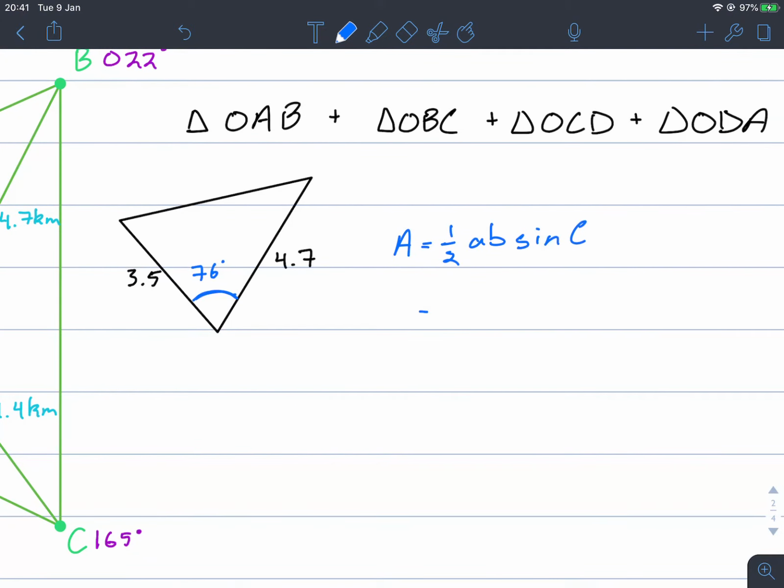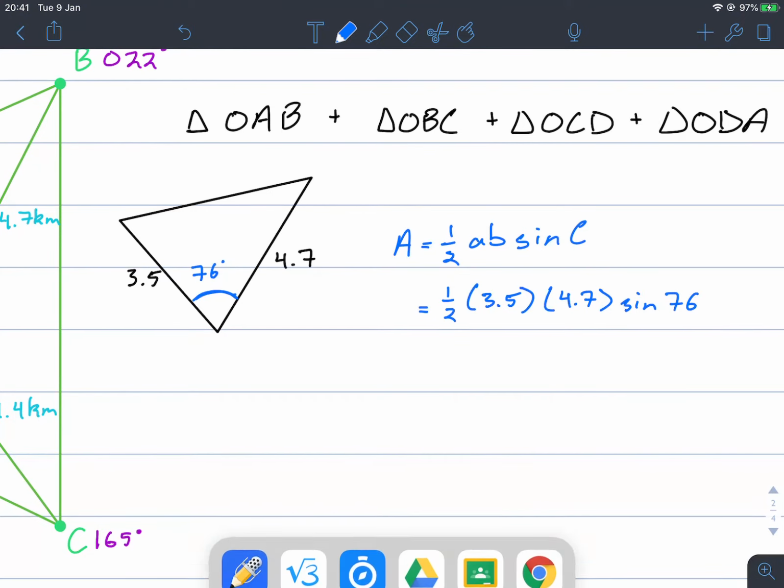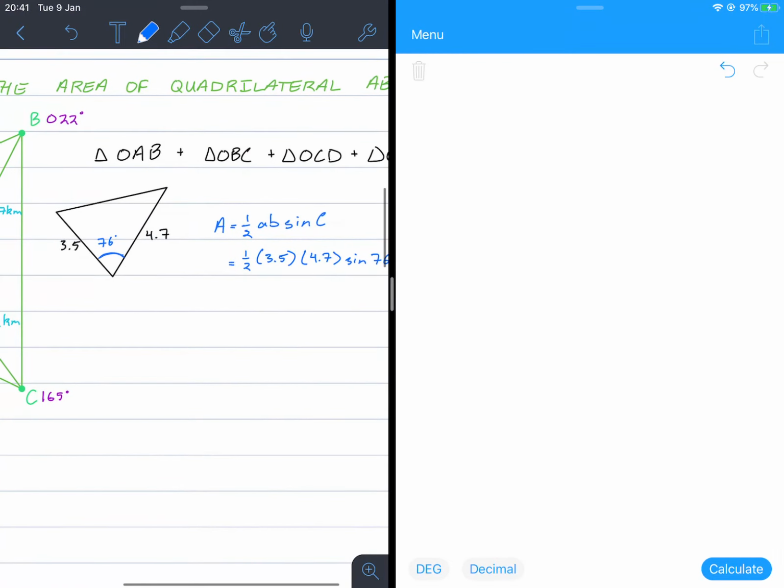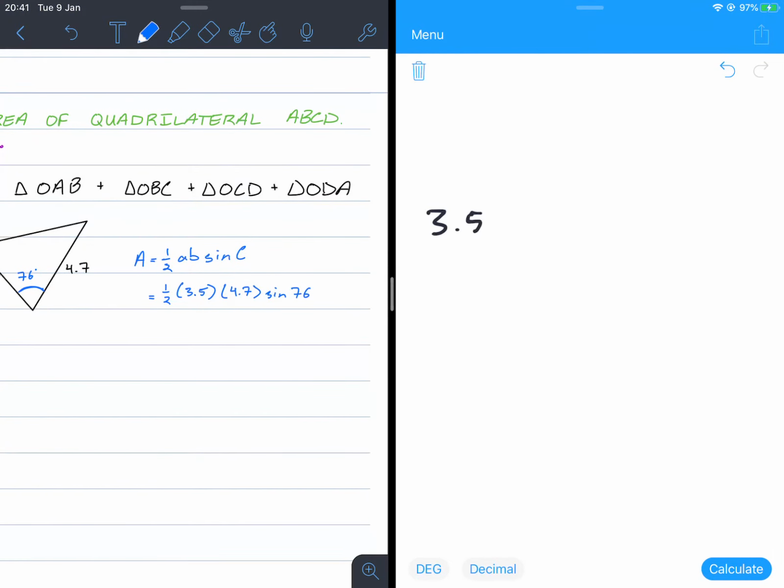Let's plug this in. Half times 3.5 times 4.7 times sine 76.